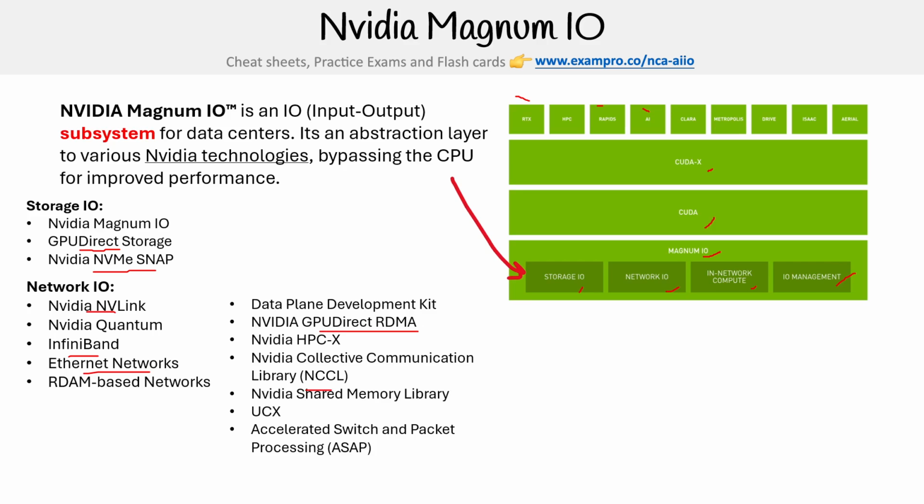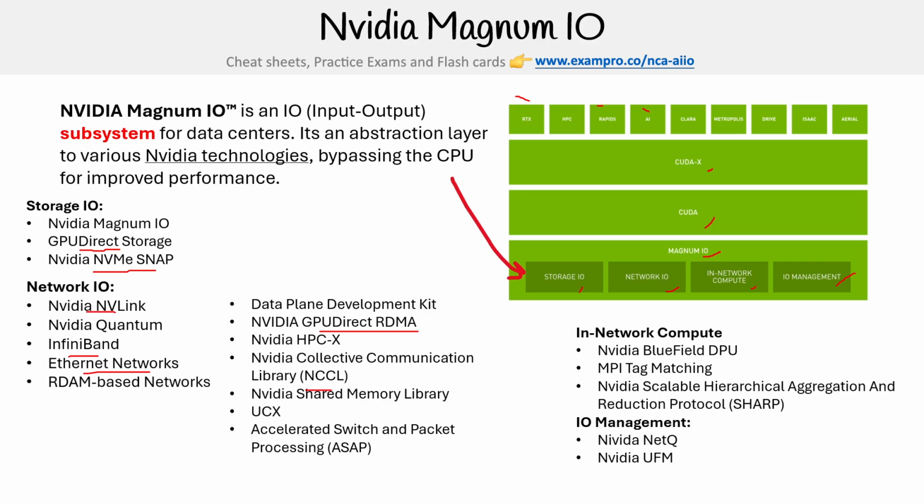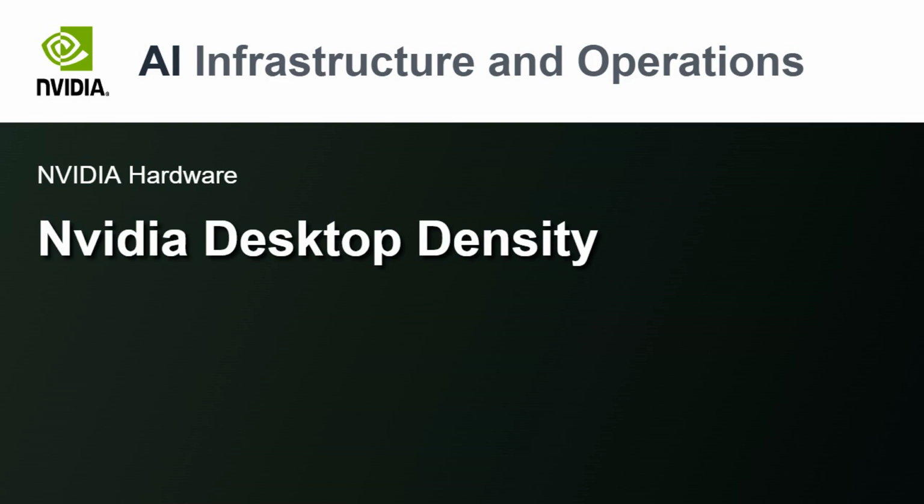These are all things that we've covered in this course, so just pointing out the ones that you should know. In-network compute, so BlueField DPUs, which we have covered. And that's it. Just remember that it's an abstraction layer, and if you can remember some of those key things that it does, if you do get a question on NVIDIA Magnum, then there you go. Okay.